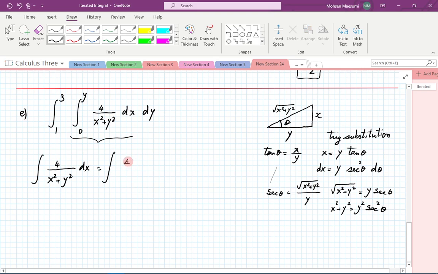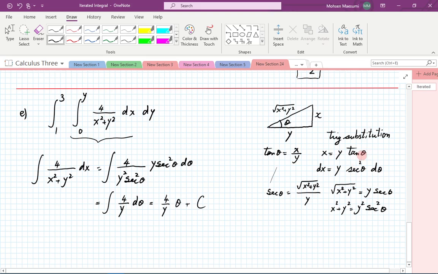So I'll have 4 over x squared plus y squared become y squared secant squared of theta. Dx became y secant squared of theta d theta. So that is the expression here. Y secant squared cancels out. I'll end up with just 4 over y d theta, and these are constants for me, so it becomes 4 over y times theta, plus a constant.